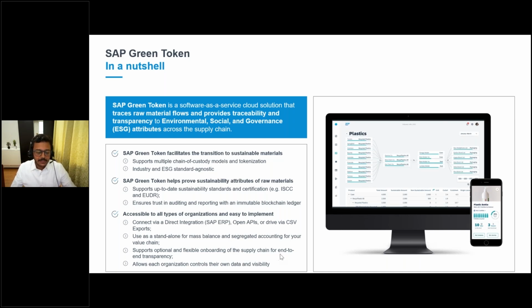So this is completely a standalone product from SAP, and you can integrate this with SAP ERP systems, but you could also integrate it with other systems via generic APIs that are available.